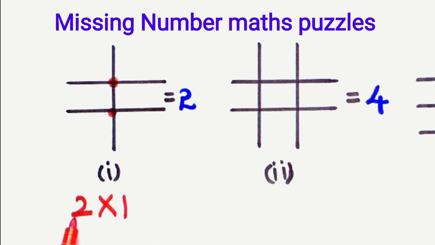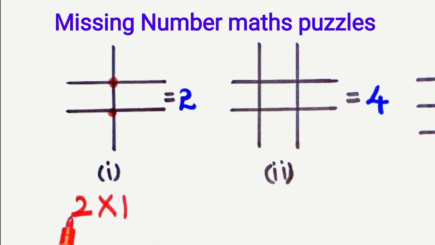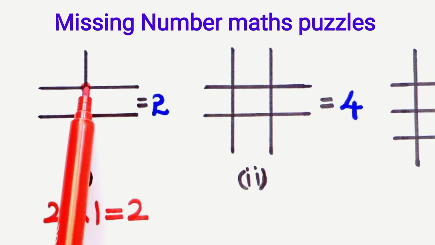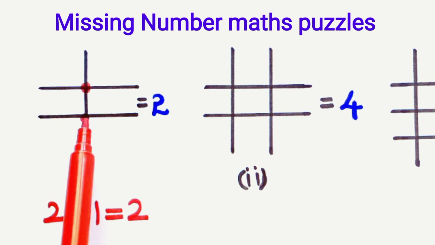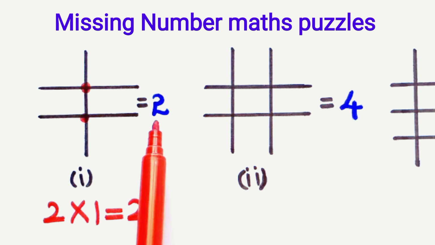So there are 2 parallel lines and one vertical line which is intersecting these two parallel lines. So 2 into 1 is how much? It is 2. So how many intersecting points are there? 1, 2. So here this figure represents 2 intersecting points.